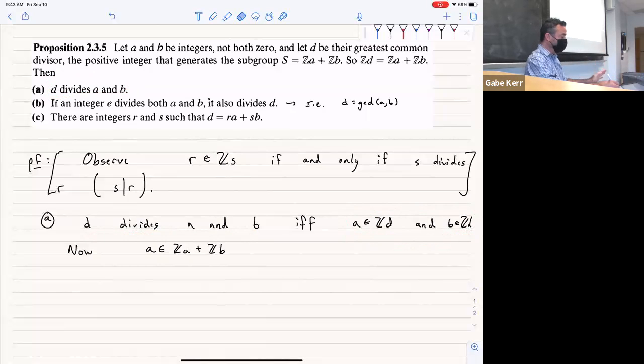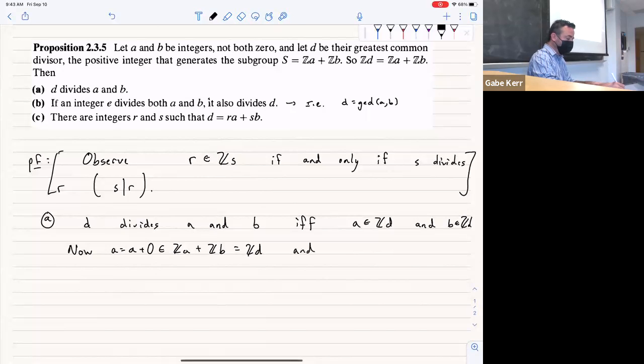Now, what we do know is that A is in this. Why is that true? Because it's already an element of ZA. So it's A plus what? The additive identity, 0. So A is equal to A plus 0, which is in here. But now what we are given is that ZD is equal to this.